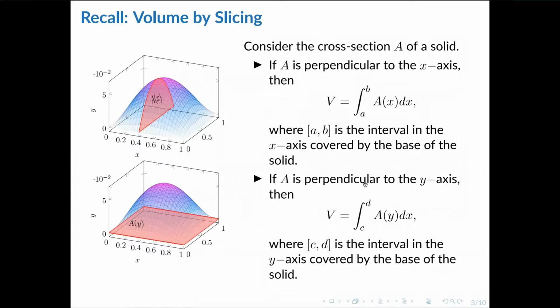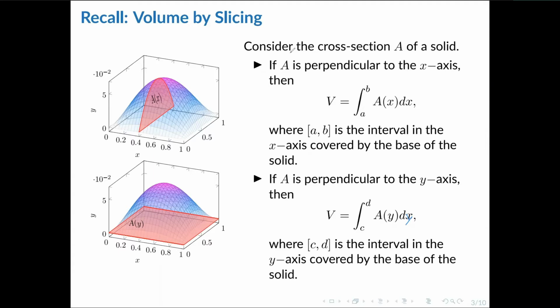And if A is perpendicular to the y-axis, the volume can be expressed as the integral of A sub y dy from C to D, where the interval CD is the interval in the y-axis covered by the base of the solid. So you can see the illustrations in the left.